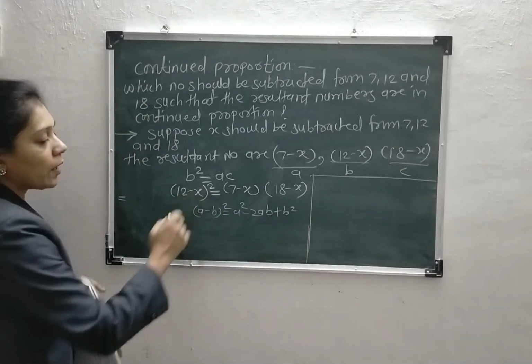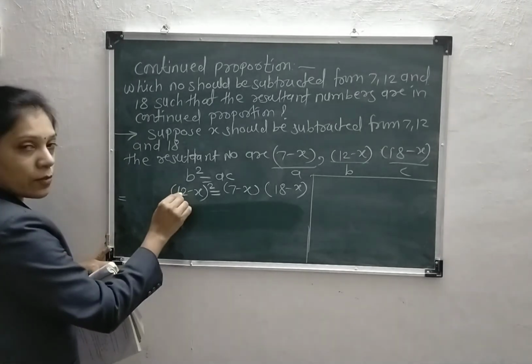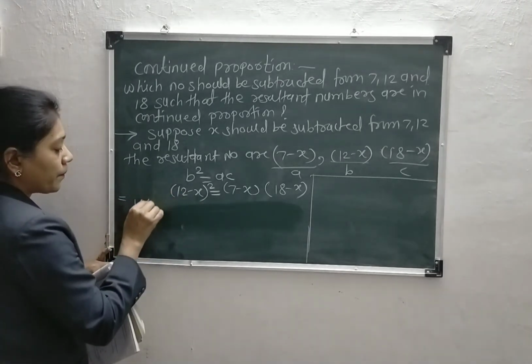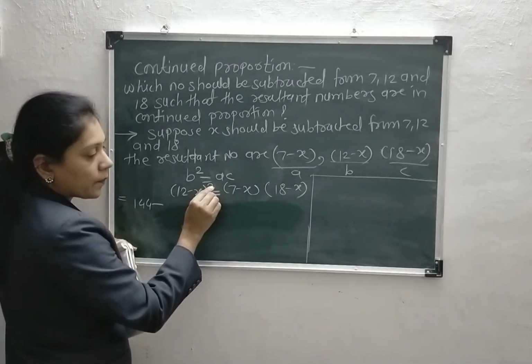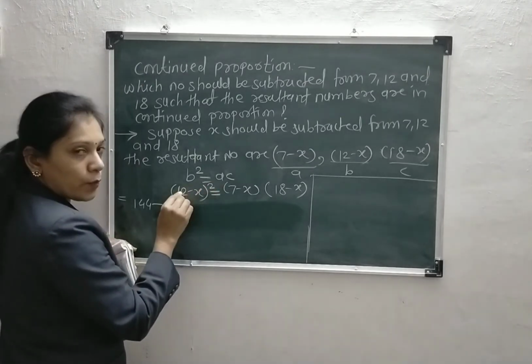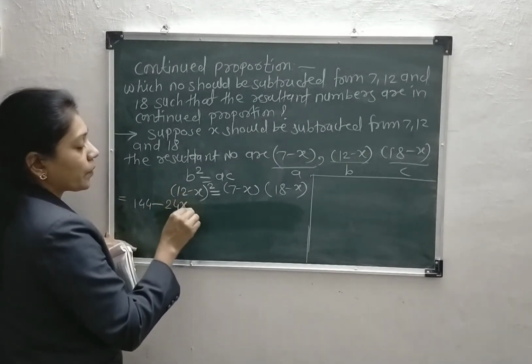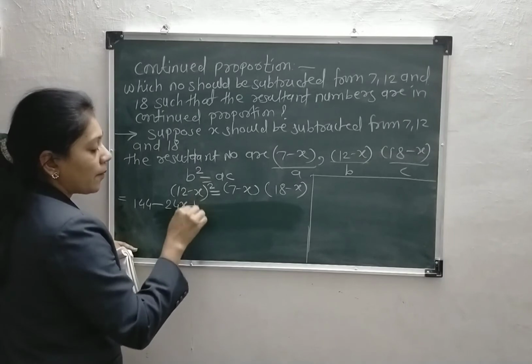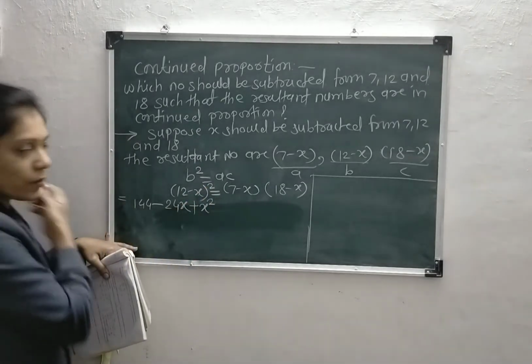Use this formula here: 12 square is 144, minus 2 into x into 12 means minus 24x, plus x square.